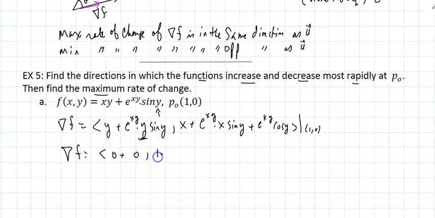And here I'll get 1 plus e to the 0, which is 1, times x, which is 1, times sine of 0, that's a 0, plus e to the 0 is 1, cosine of 0 is a 1. So I'm getting the gradient of f to equal (0, 2), if I'm not mistaken.